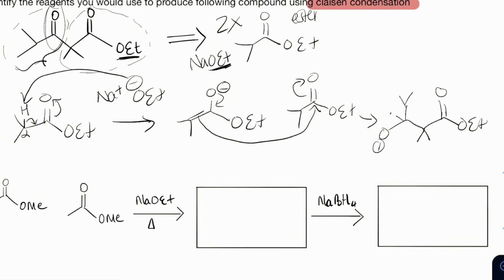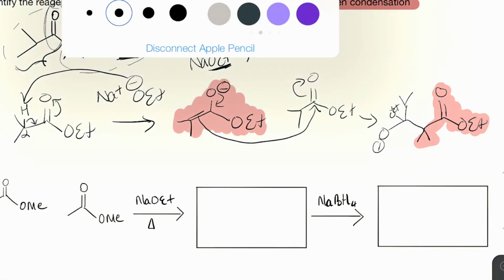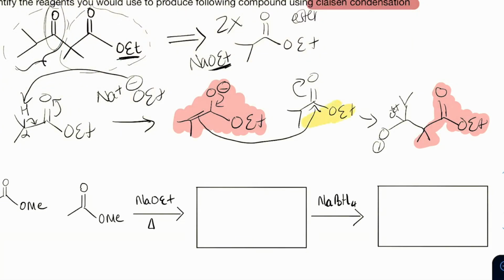So it looks kind of funky, but let me highlight which parts are what. So this right here is this group. And then this right here, we have the carbonyl that kicked up its electrons to oxygen. Then we have the attached OEt and then the R group. And it's all on that one carbon right here.